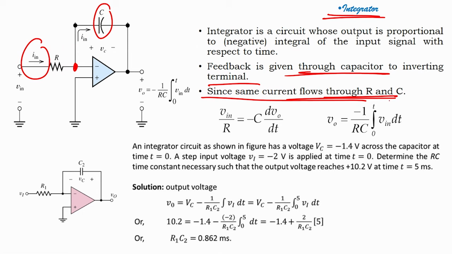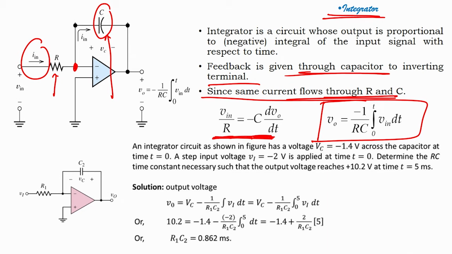Since the same current flows through R and C, if I measure here, it will be V in by R equals I in. If I measure here, I will have minus C into dVO by dt. To find VO from this equation, we use very simple mathematics.